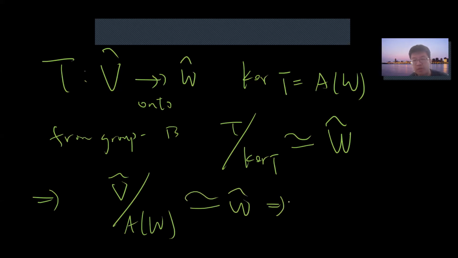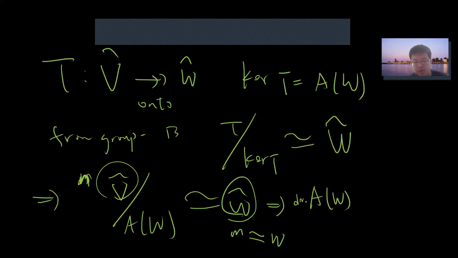And you take dimension. Let's say V has dimension n and W has dimension m. W hat has dimension m as well. So the dimension of the annihilator must be n minus m.